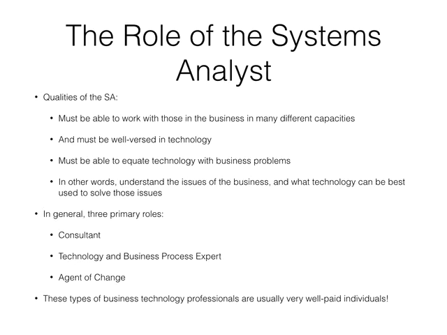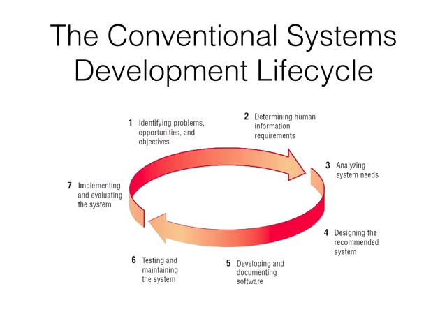They're a consultant, people who provide systematic expertise in a particular issue with an understanding of the business issues. They're also a technology and business process expert. And inevitably you're engaging in these things to be an agent of change. So that's what a systems analyst has to be: a change agent. Not so coincidentally, these types of business technology professionals are usually very well-paid individuals.